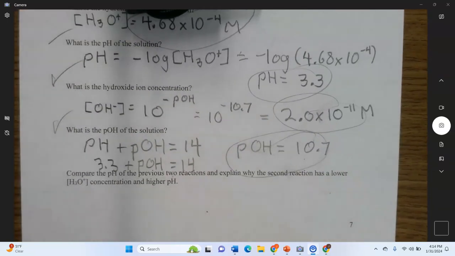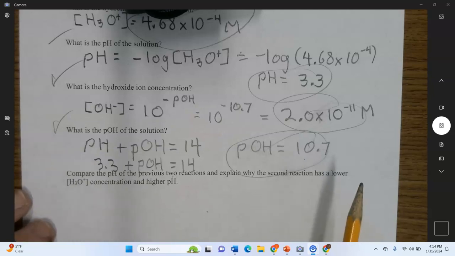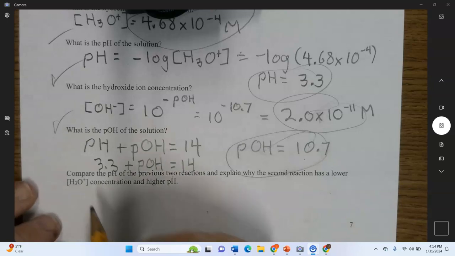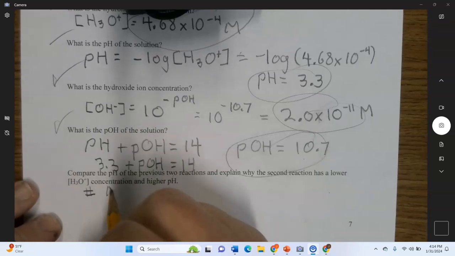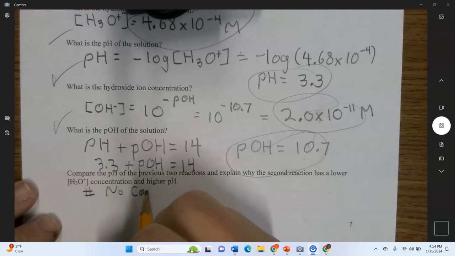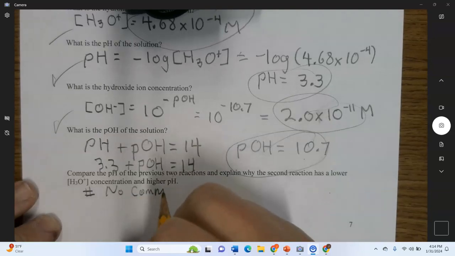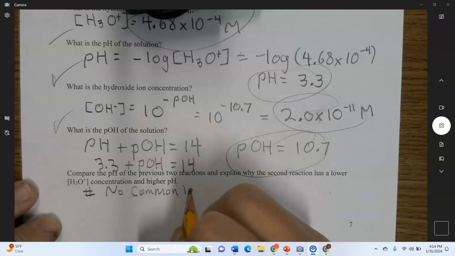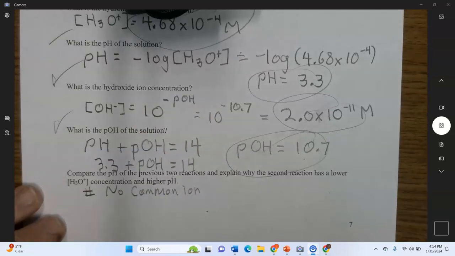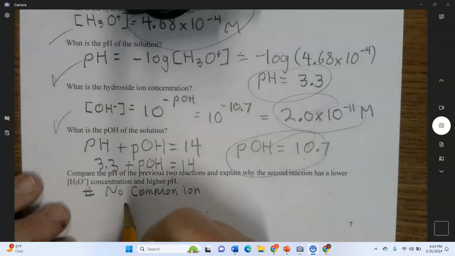compare the pH of the previous 2 reactions and explain why the second reaction has a lower H3O concentration and a higher pH. So for the reaction we did previously, problem 7, that was no common ion. We got a pH of 1.82.